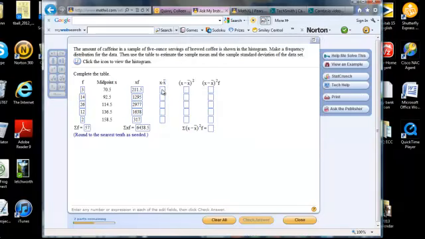So I'm going to do x, my midpoint column, minus x bar, which is 113.